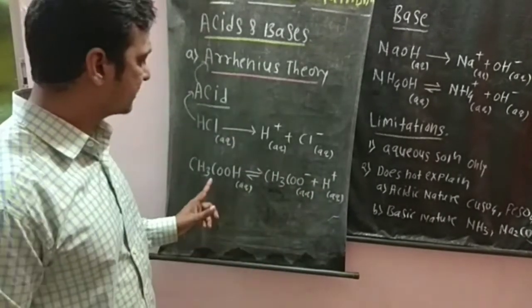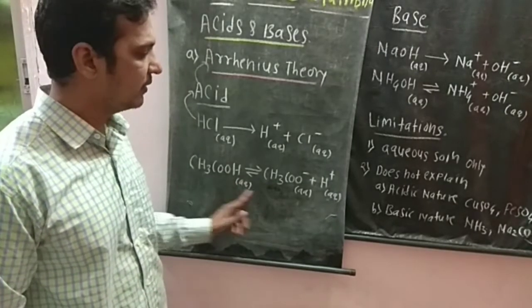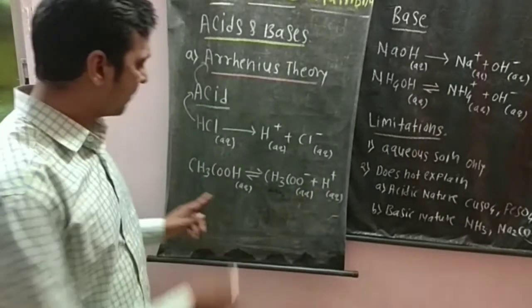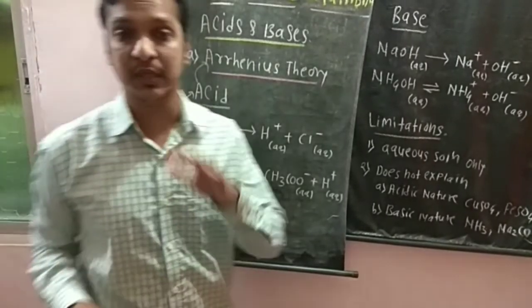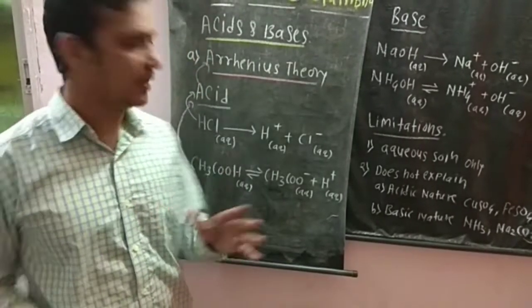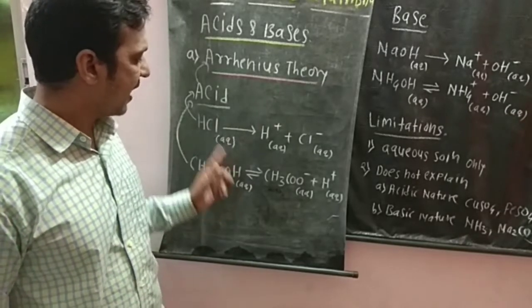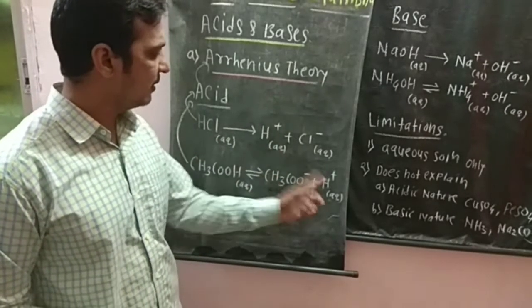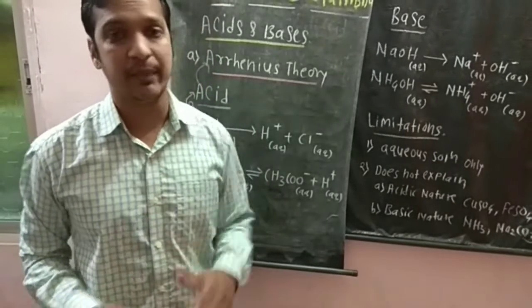Here also the substance gives H plus ion when dissolved in water, so it is also called an acid according to the Arrhenius theory. That is the definition of acid.